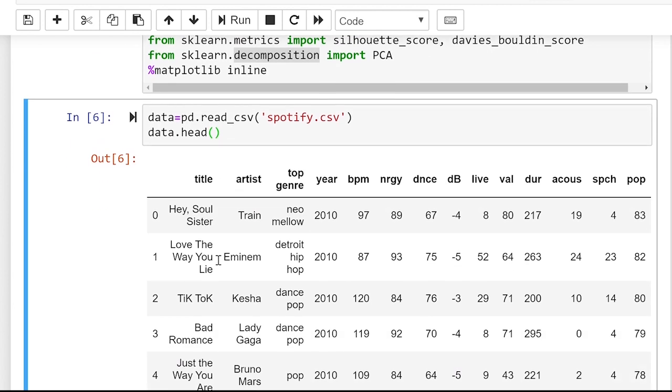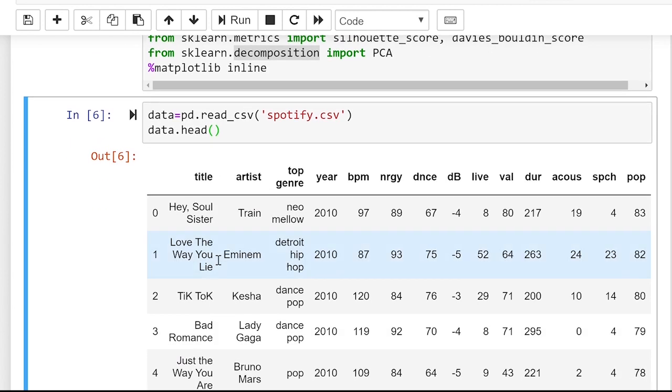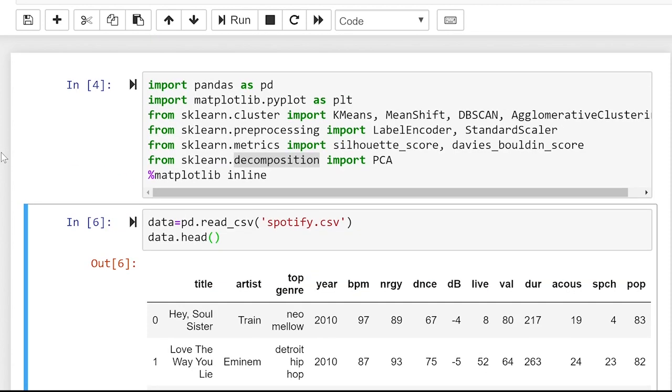Also, I'm really curious if we can capture the clustering algorithm behind Spotify's recommendation system. Let's see how close we can go with some simple methods.